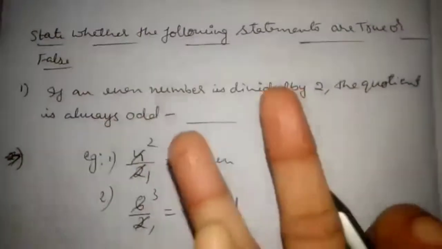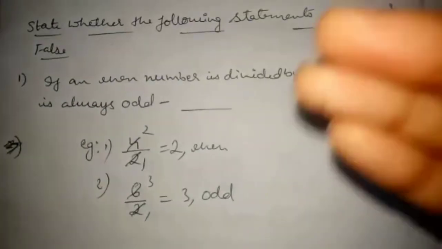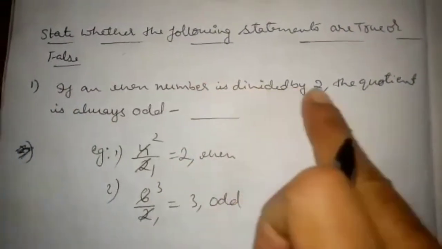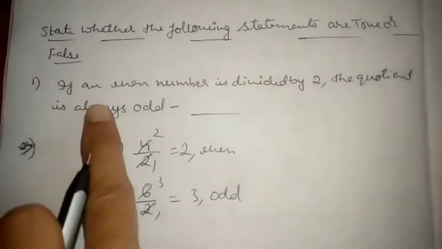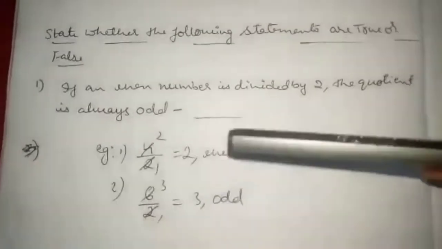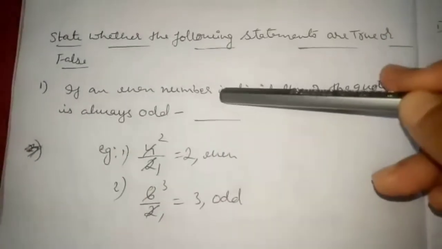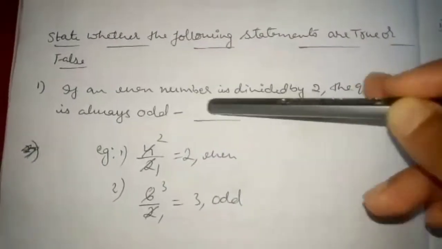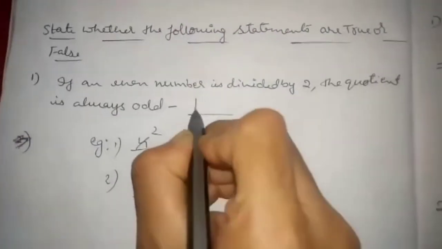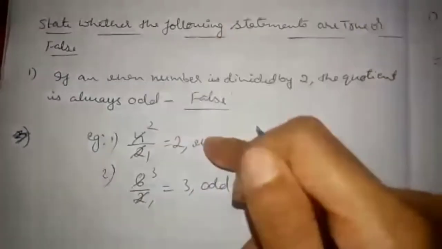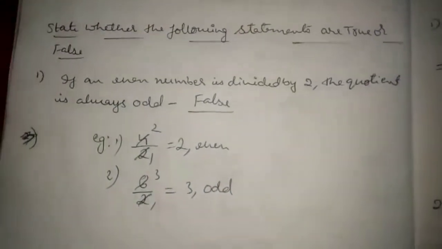So when an even number is divided by 2, the quotient is not always odd. Sometimes you will get odd, and even also. So this statement says always odd, so this is false, because we'll get odd and even also.